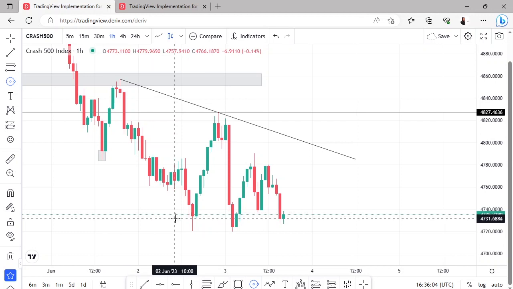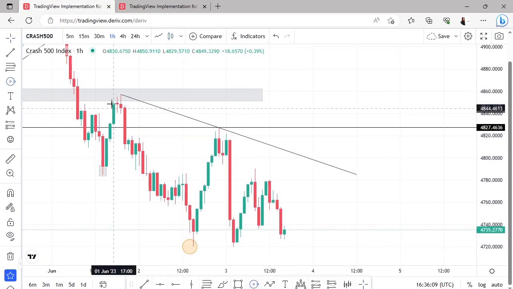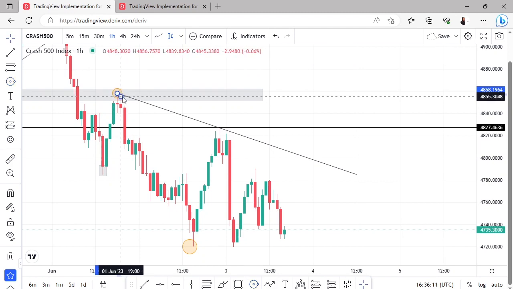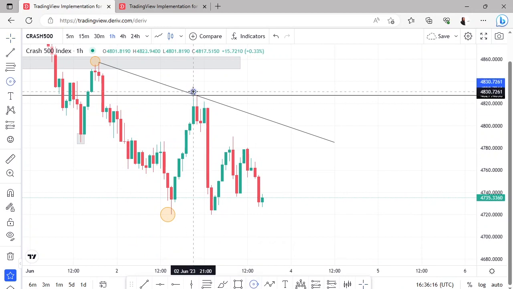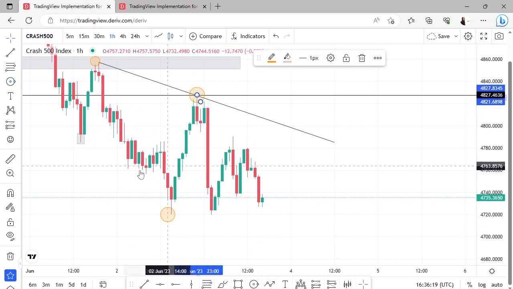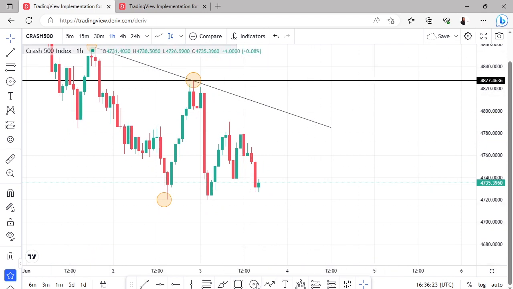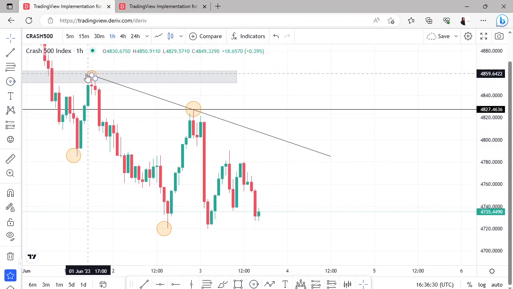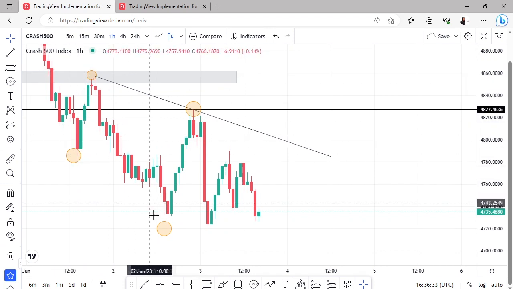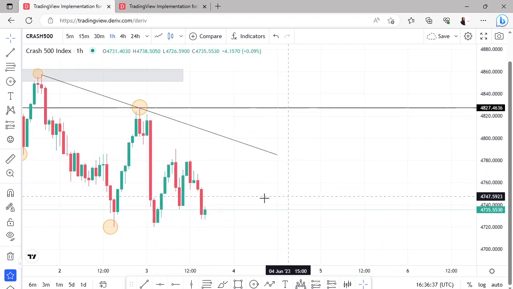This is your lower high. So overall you can see that the market was trending down, creating lower lows and lower highs. So this is your lower high, this is your lower low, lower low, lower high, lower low, lower high.